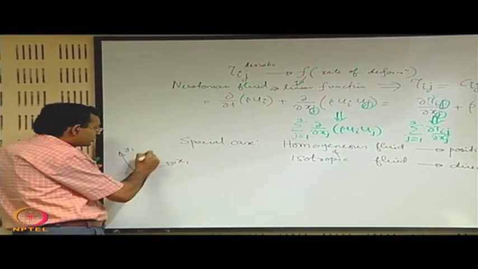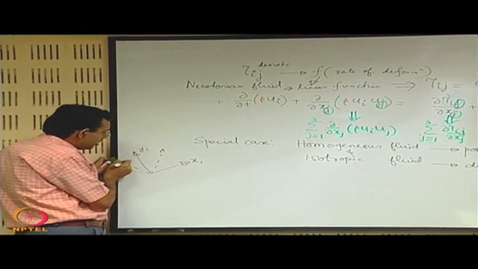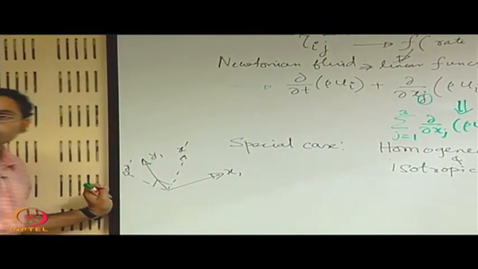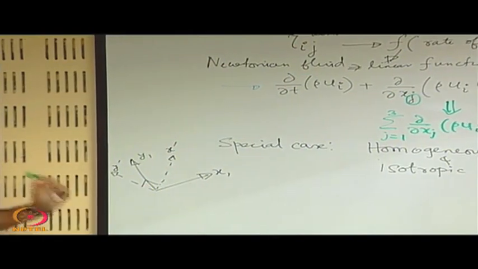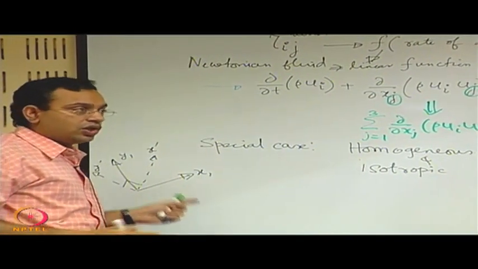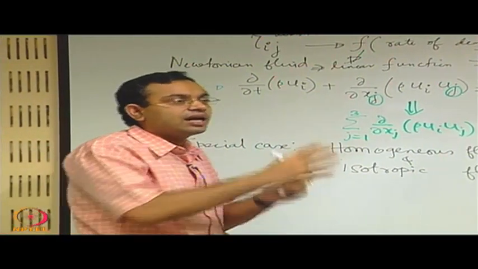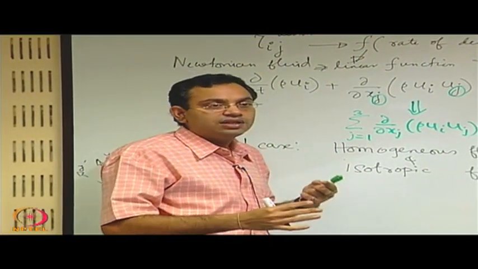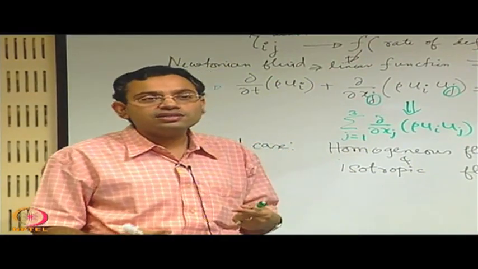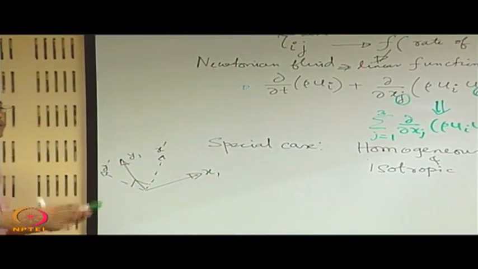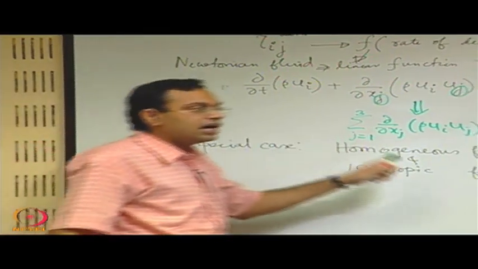Now, if you have a transformed coordinate system, still orthogonal, but let us say x prime and y prime, with a rotation, this does not disturb the constitutive behavior. Although the orientations of the axes that you have considered for describing the behavior have changed, in terms of the new axes the description still remains the same. That is called isotropy.